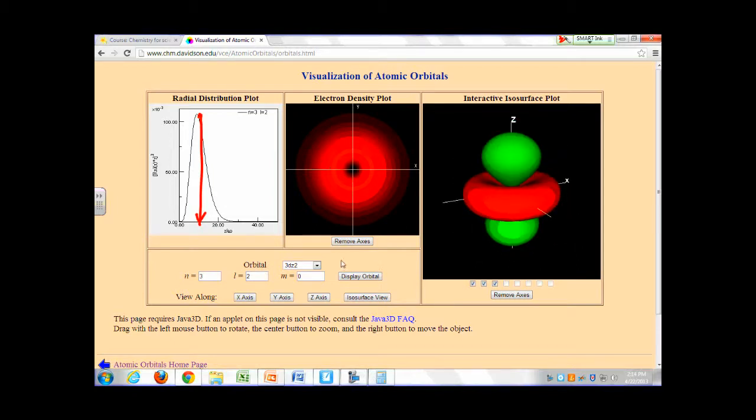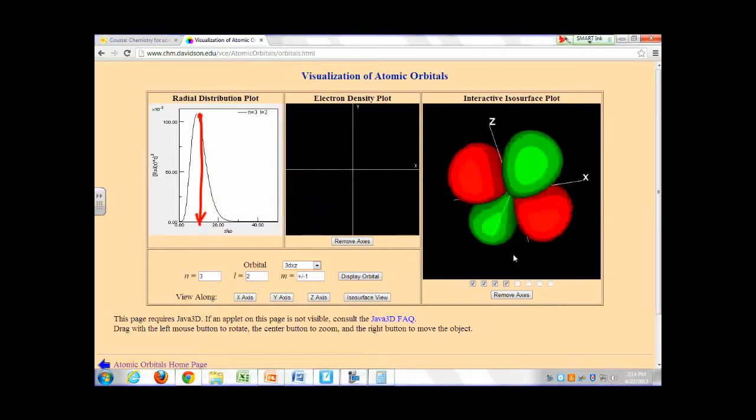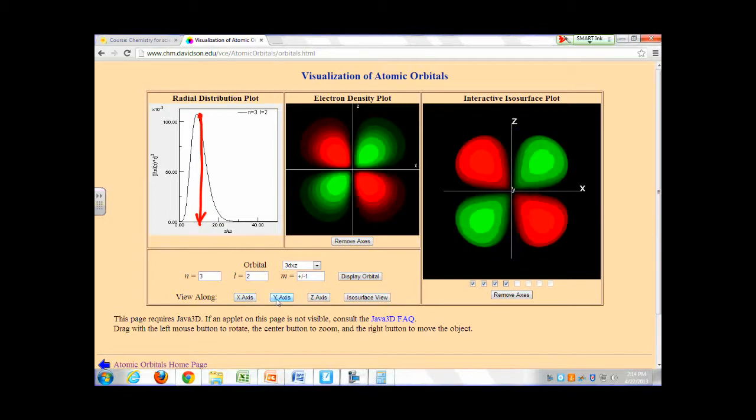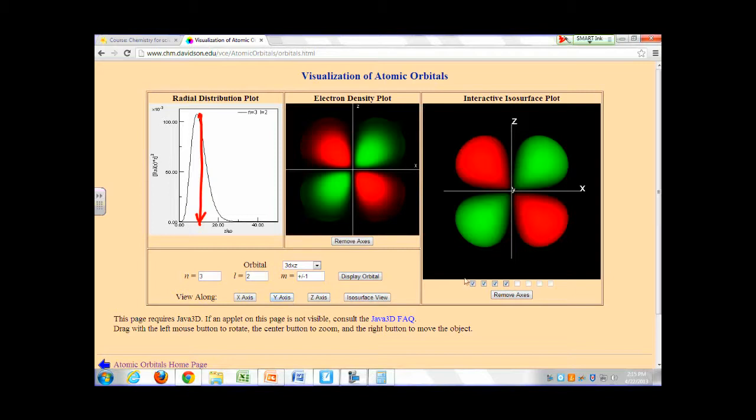Then if you have 3dxz, you can see you've got four lobes directed in between the z and x axes. You can look at it from the y-axis, and from the z-axis.